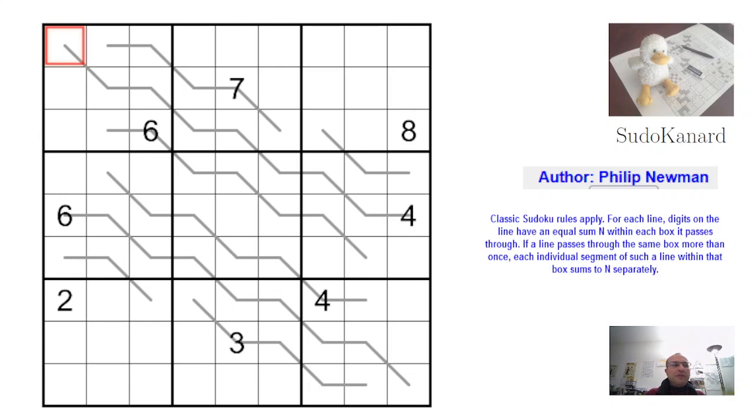We're here to solve this region line sums Sudoku by Philip Newman from Sudoku Mahabharat. And this was quite a difficult puzzle. I don't think it was as difficult as Diagonal Skyscrapers, but it was still difficult.